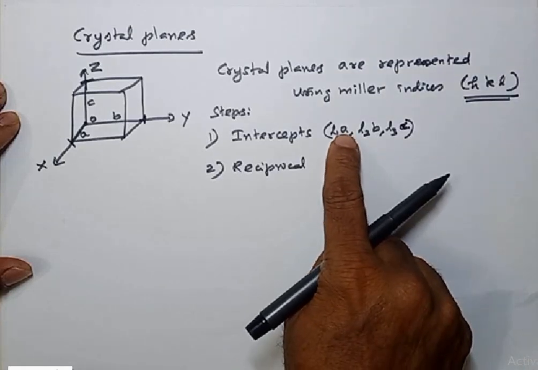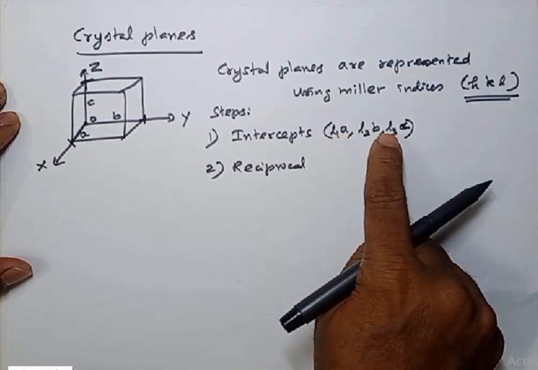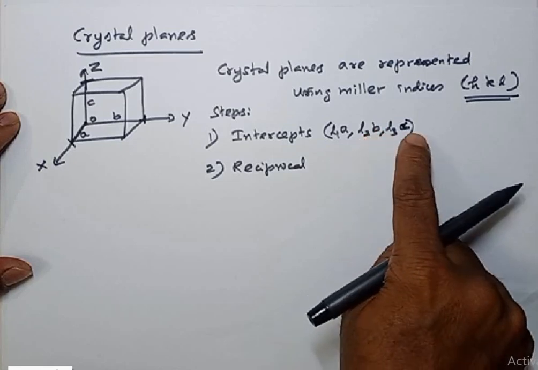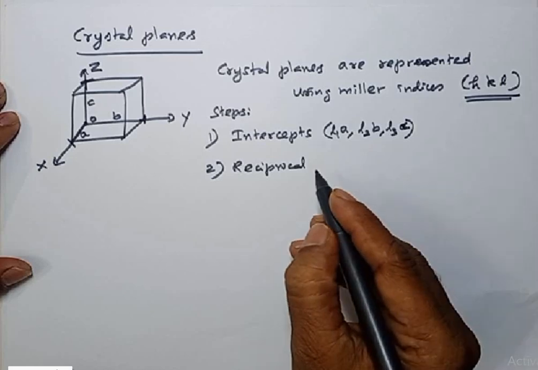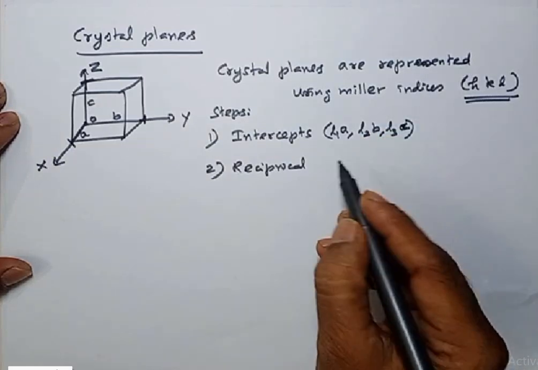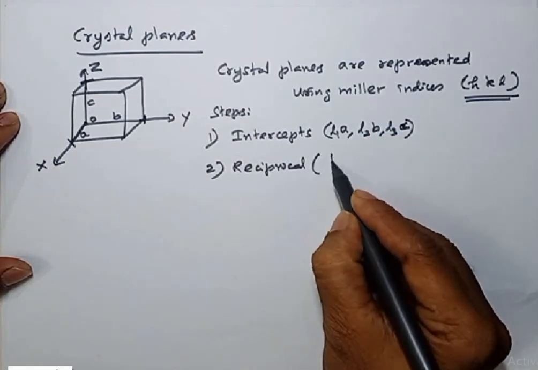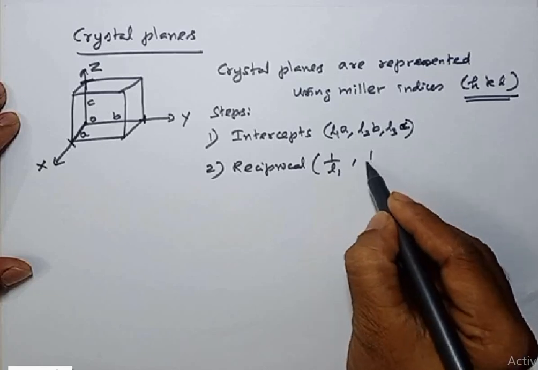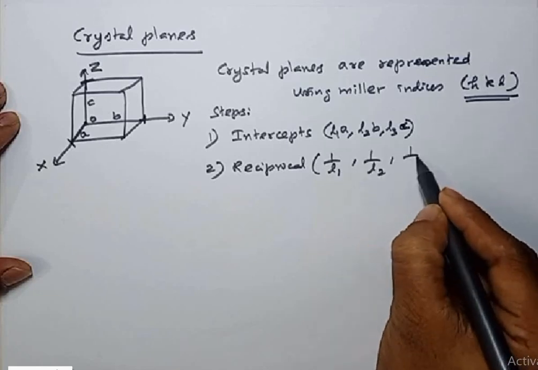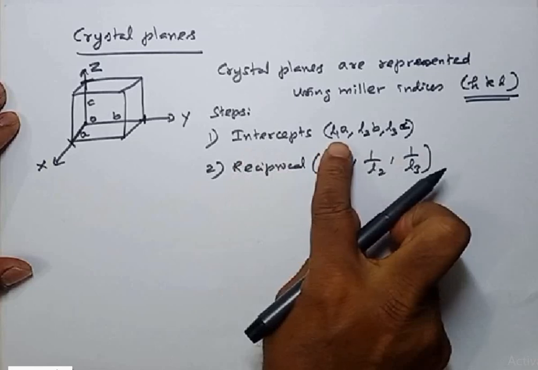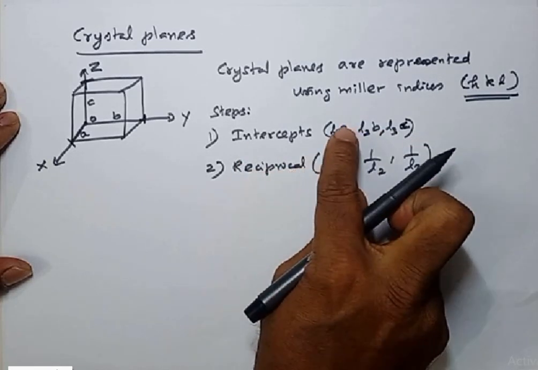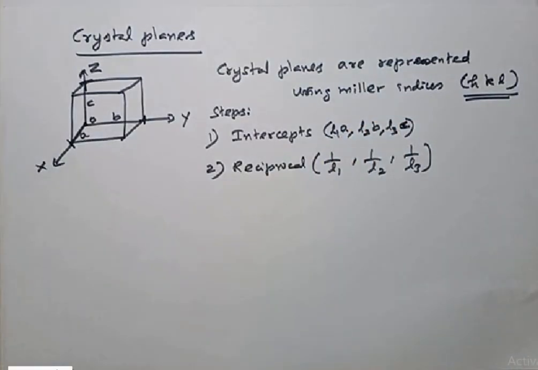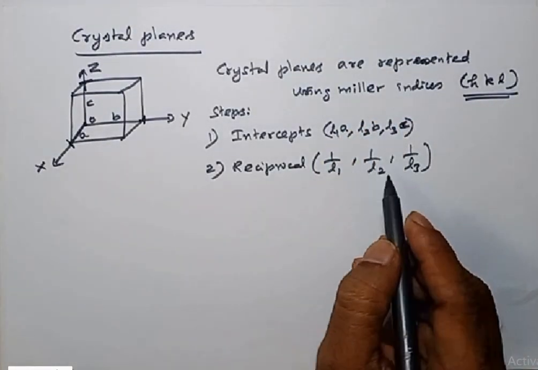The coefficient of A is L1, of B is L2, and of C is L3. Take the reciprocals of these coefficients: 1 by L1, 1 by L2, 1 by L3. So first identify the intercepts, then take the reciprocal of the coefficients. Then what to do?